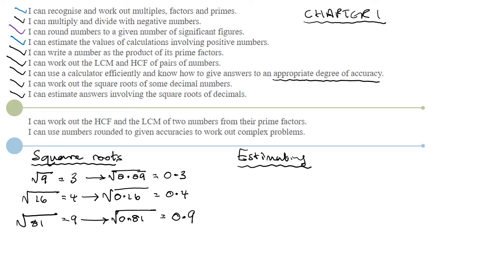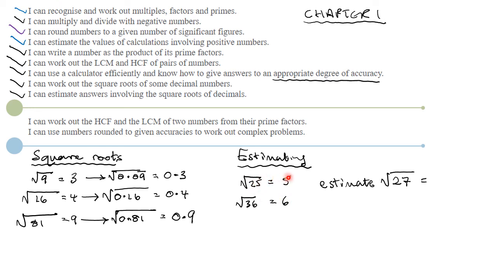And if I want to estimate square roots, let's say for example, I know that the square root of 25 is 5. The square root of 36 is 6. Let's say I needed to estimate the square root of, let's say, 27. Now looking at my list of square roots, it's going to be bigger than 5, but not as big as 6.